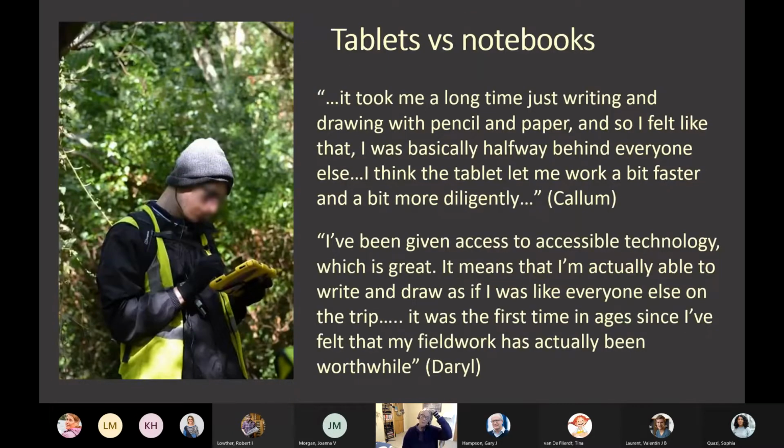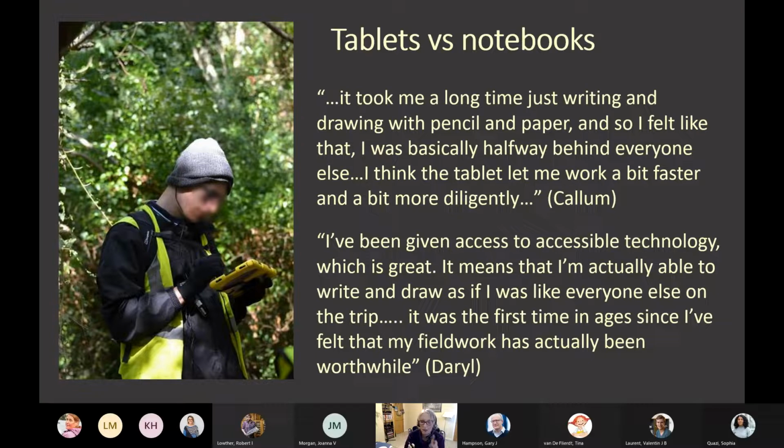We also had some tablets, some iPads and some Galaxies, which we took in the field. Most students had a go with them, and they were preloaded with apps for geological mapping and for note taking. Different students engaged to different extents, and some students were perfectly happy to carry on using their notebook and pencil.